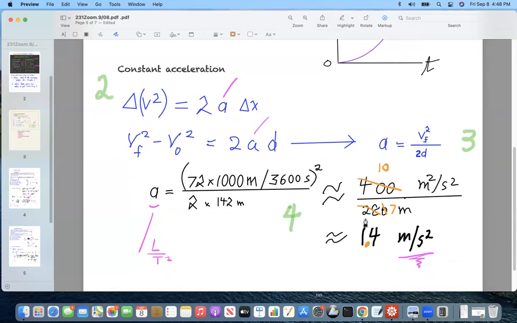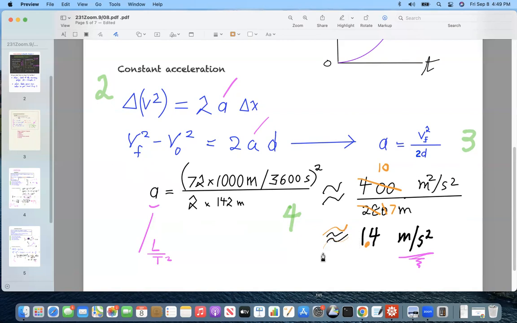Now you'll want to do this with a calculator. I mean, I can sort of do it in my head, but you're going to be better off just using a calculator. Divide 400 by 280. It's not exactly 1.4, but it'll be close to 1.4. This is approximate. 14 wouldn't be sensible, because 14 meters per second squared is more than a G. G is only 9.8 meters per second squared.